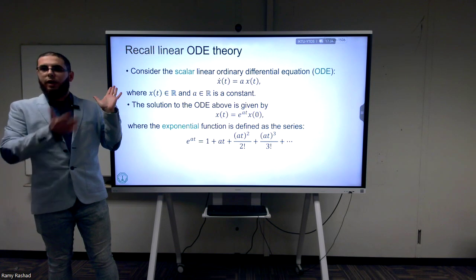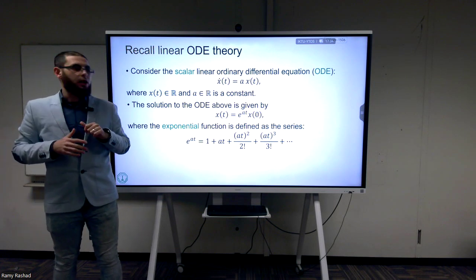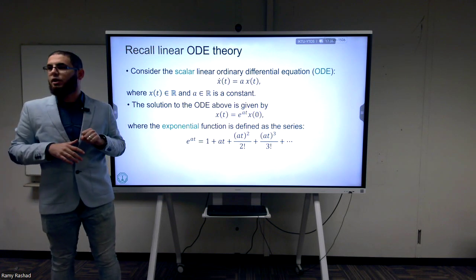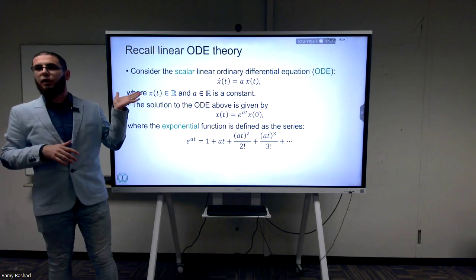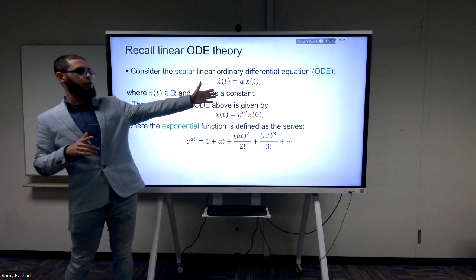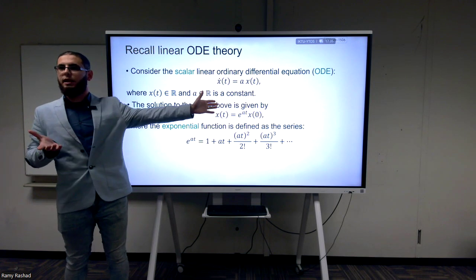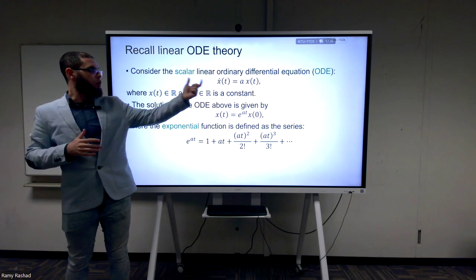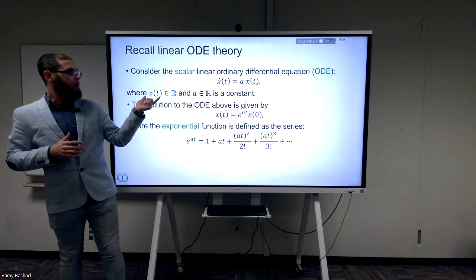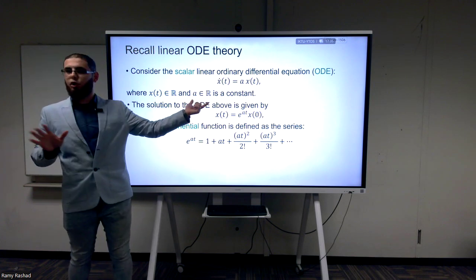Let's go way back to an old class on ordinary differential equations. This should be familiar to you. If not, let me know. x dot equals a x of t, a linear ordinary differential equation where x is a scalar and a is a constant.